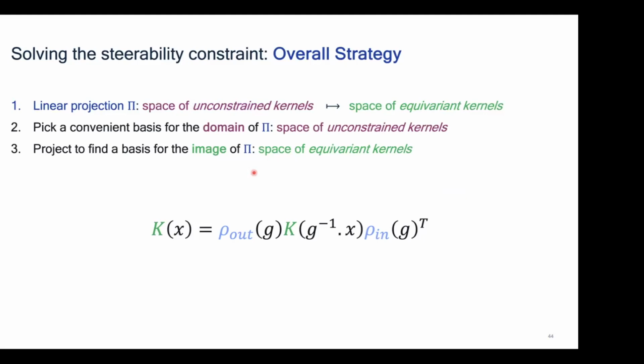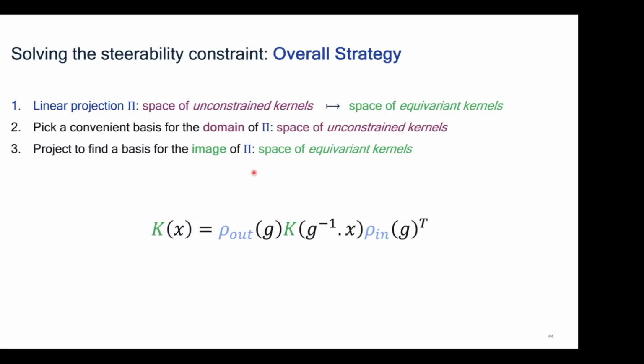It's the vector space of every possible convolutional filter, and so also are equivariant filters. And there exists a linear projection operator that basically maps from this big space of all possible filters into the subspace of the equivariant ones.